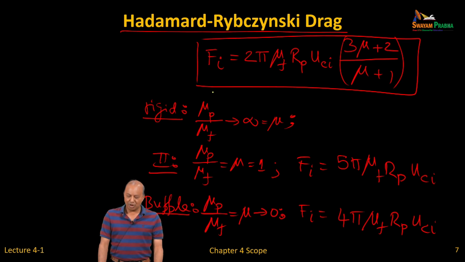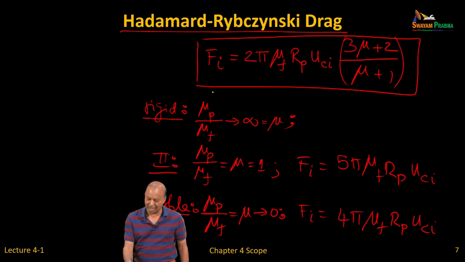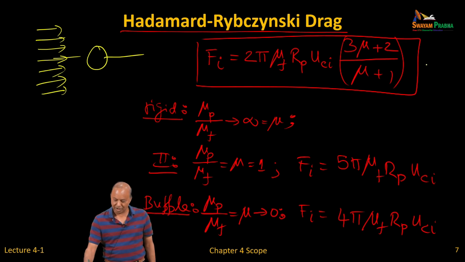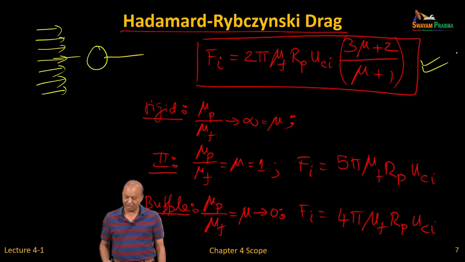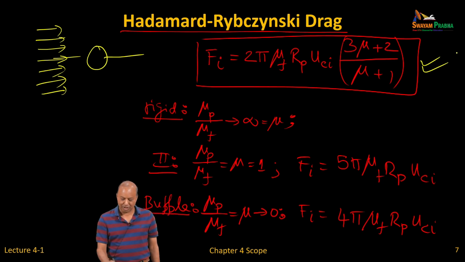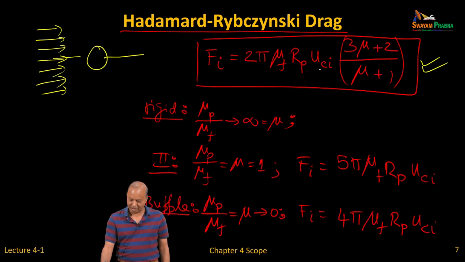Now, quickly let me just show what would be the result if you had a droplet or a bubble. In this case, instead of a rigid particle, you have a droplet or a bubble. So this will be the extension of the Stokes drag, written in index notation, and here I am using 0 for the particle velocity, the droplet velocity.